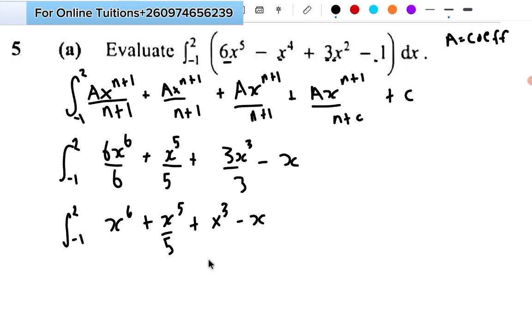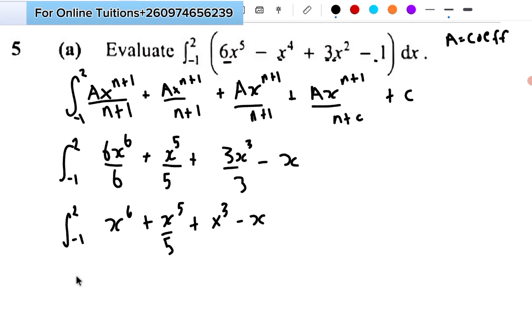At this point you've only done integration. Now you need to apply these limits. The limit 2 will go in: we replace the 2 wherever there is x.